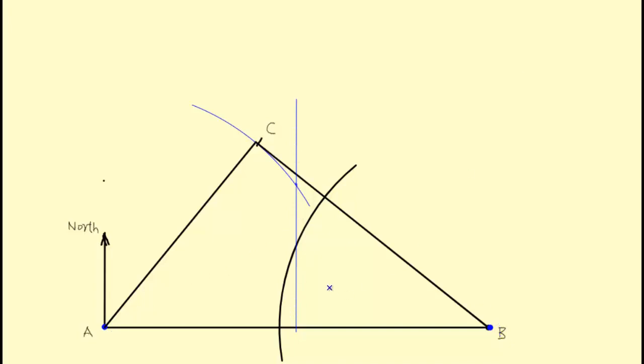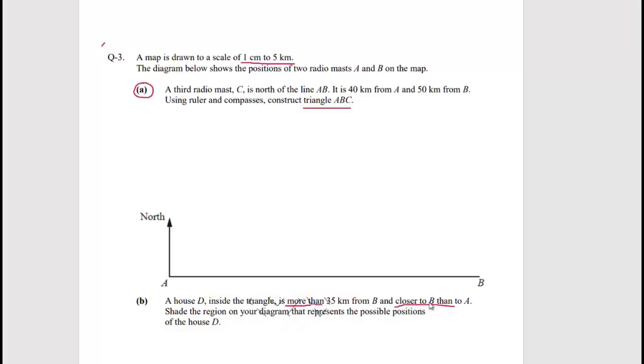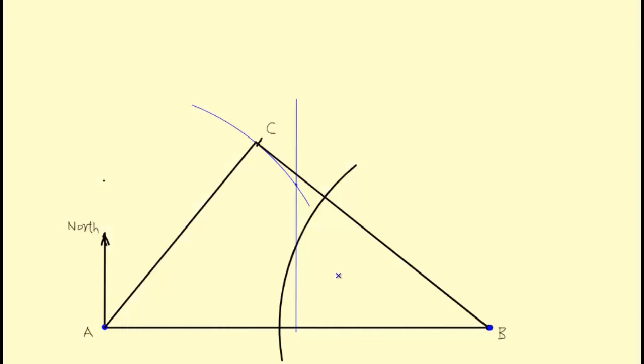But if an object is on the right hand side of the perpendicular bisector, it will be closer to B than A. And if that object is on the left hand side of this perpendicular bisector, it will be closer to A than B. But here the house D is closer to B than A.